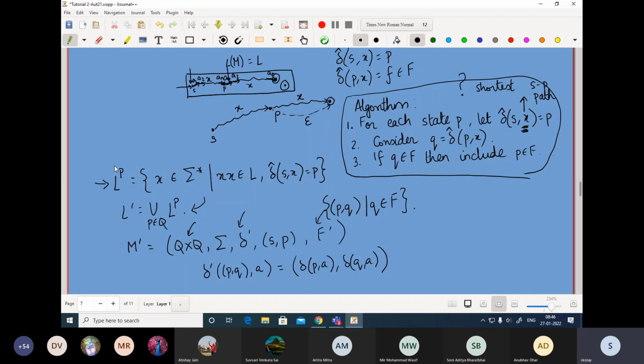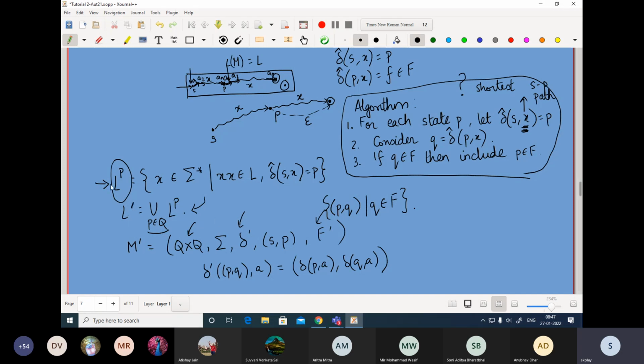But now in LP we have the added advantage that we know this particular midpoint. We are only considering those strings of the form XX in L where the state we reach at the midpoint is P itself. If I do this, I know that since Q is a finite set, I can just take the union over all such P's and show that L dash is regular.